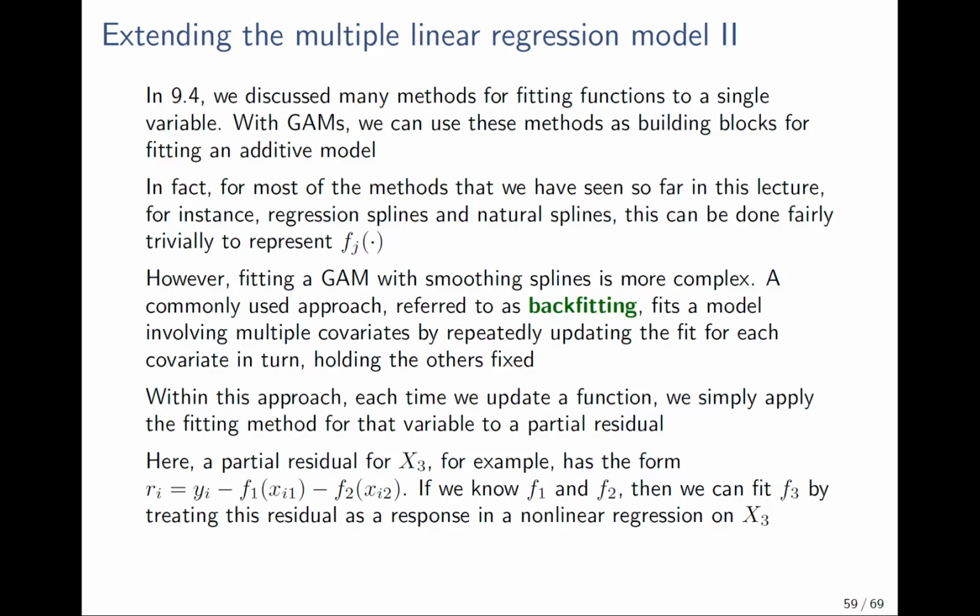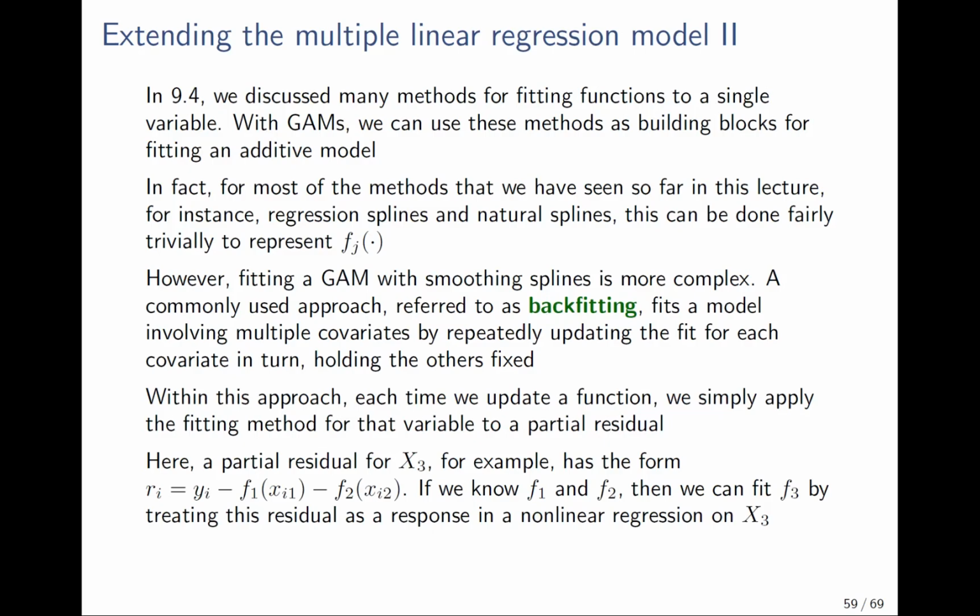So in 9.4 we discussed many methods for fitting functions to a single variable, and with GAMs we can simply use these methods as building blocks for fitting an additive model. In fact, for most of the methods we've seen so far in this lecture, for instance regression splines and natural splines, we can fairly trivially use these procedures to represent each function for each xj, for x1 up to xk, and then we add these together.